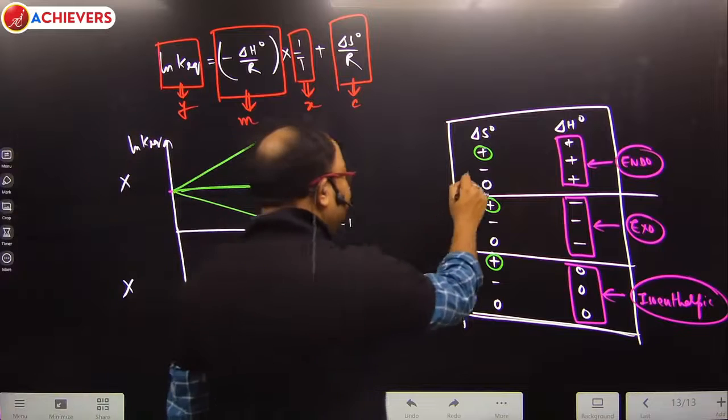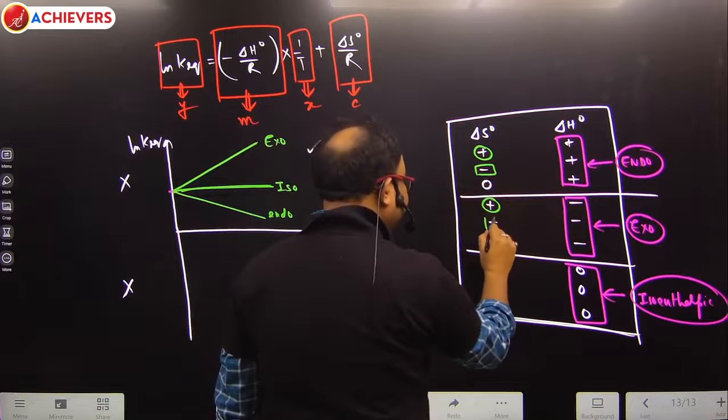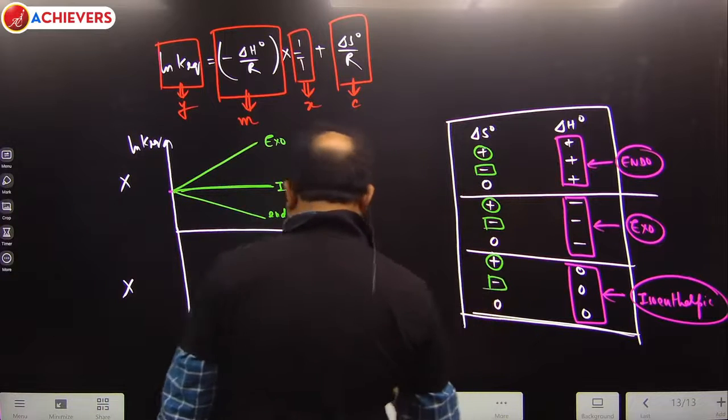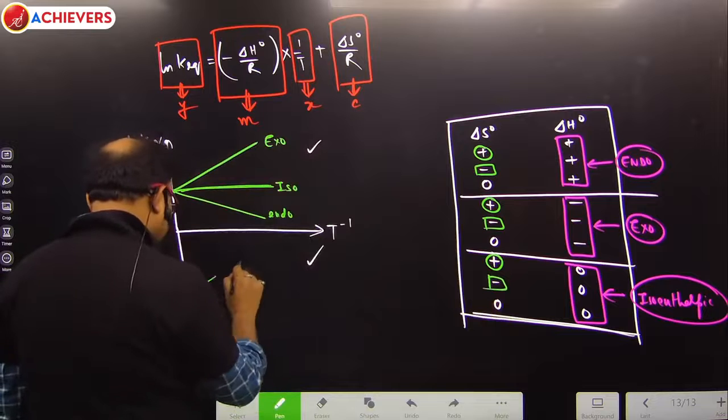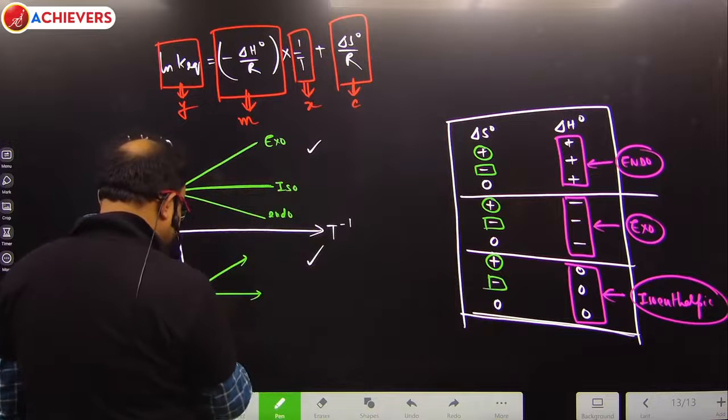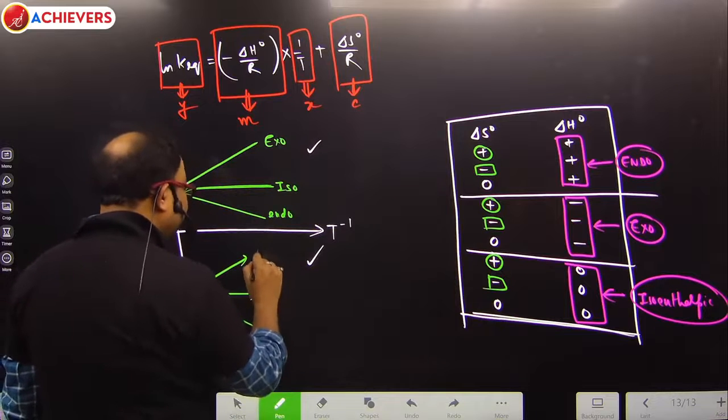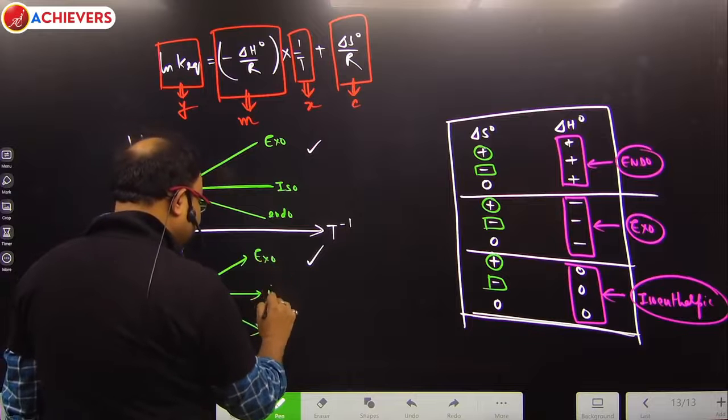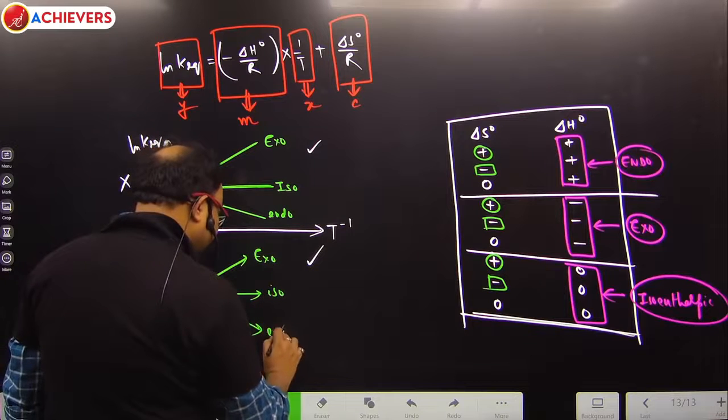Same thing is going to happen for negative delta S. Again, you have three options: exo, iso, endo.